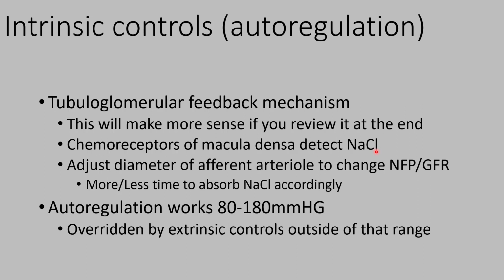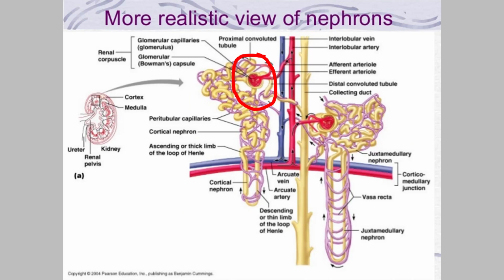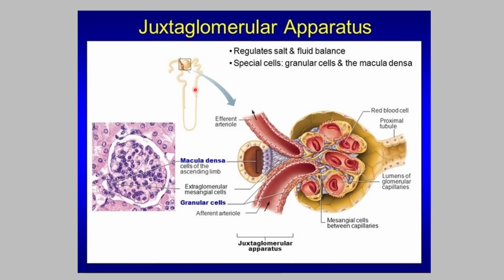Now, as that filtrate moves through the nephron, specifically as it moves through the loop of Henle, this big U-shaped area right here, well, as it moves through there, water and salt are being reclaimed by the body. Now, the quicker it moves through, the less chance sodium chloride can be reabsorbed.